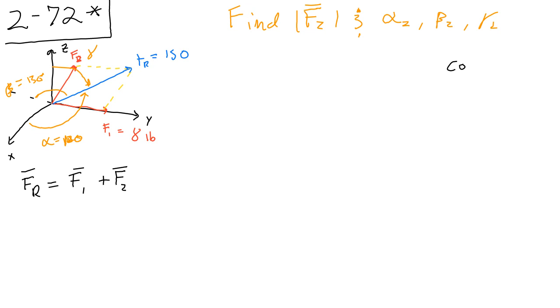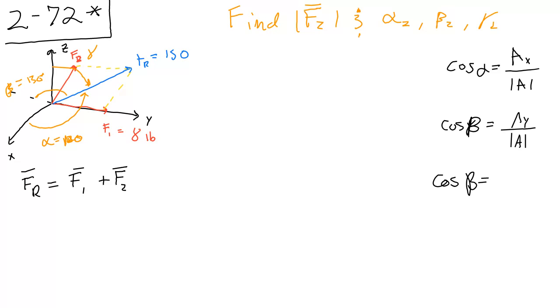Because we can say cosine alpha is equal to, I'll just call it some vector A, the x component over the magnitude, and cosine beta, and cosine gamma.